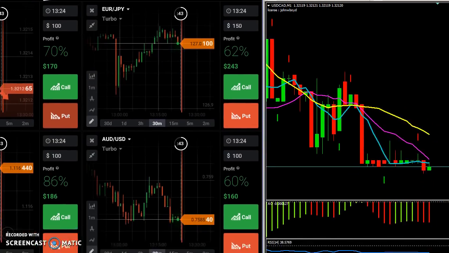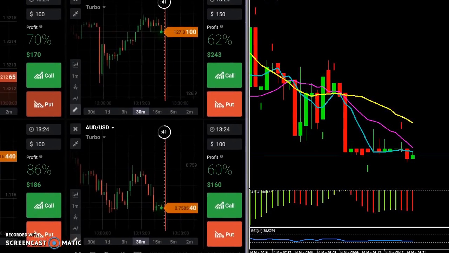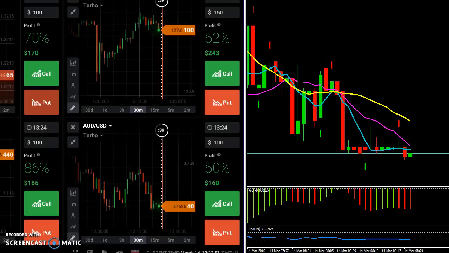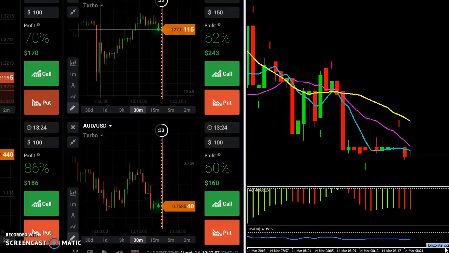The RSI is pretty low already, so I think I'll have to wait and see for another big candle first.